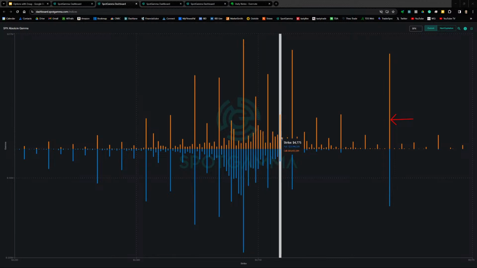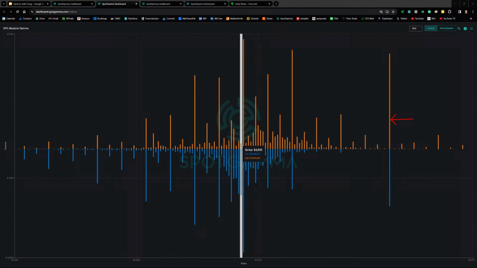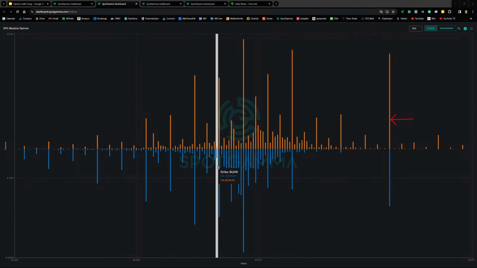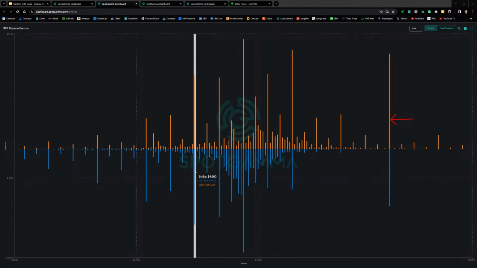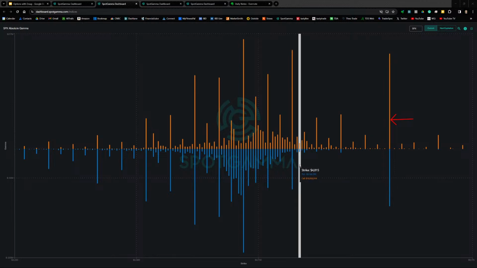It's pretty obvious. That's the strike with the largest orange bar and blue bar. Put wall is just below that, and that is really by definition the strike with the largest net negative gamma, although there's substantially more put gamma at 4650, 4600, the zeros and the fives basically. And then the call wall remains at 4800. That's the strike with the largest net positive gamma, so the orange bar minus the blue bar, and that is the call wall.